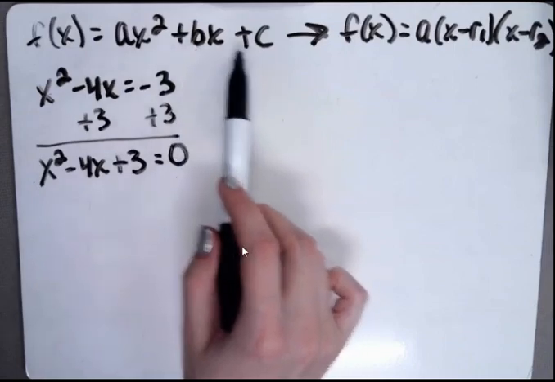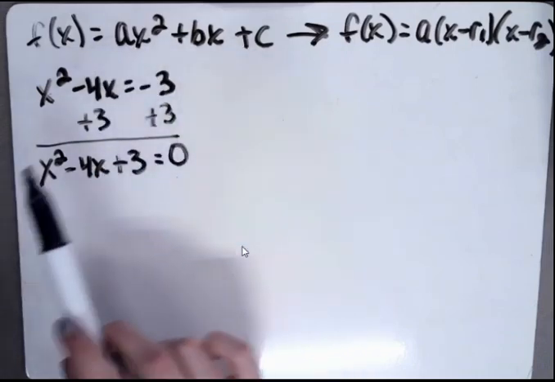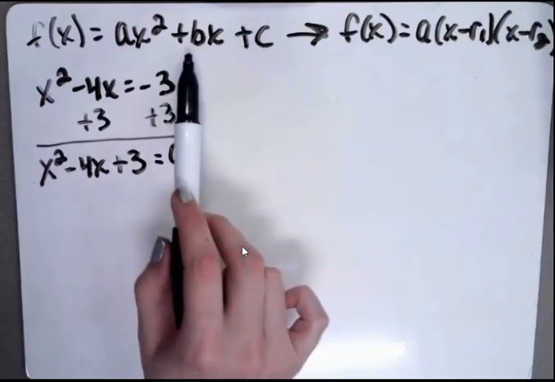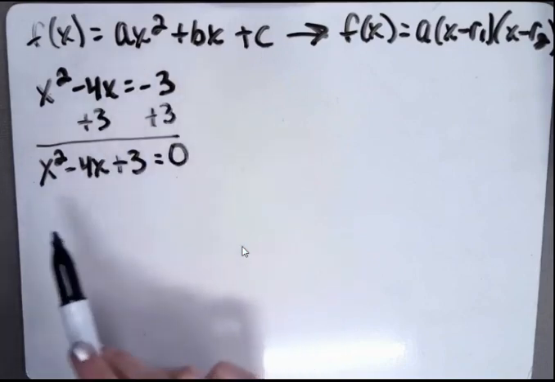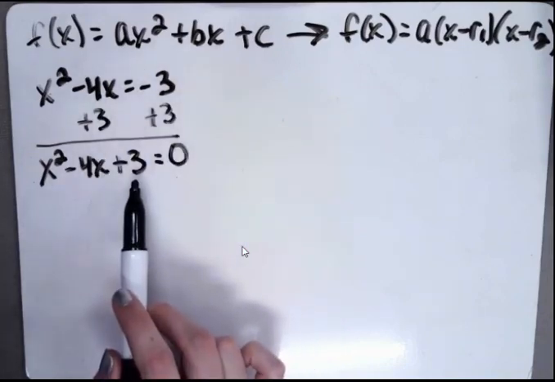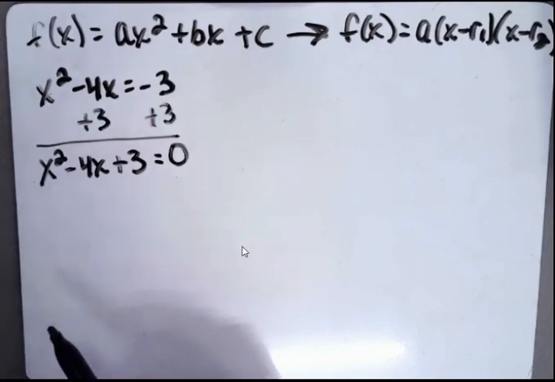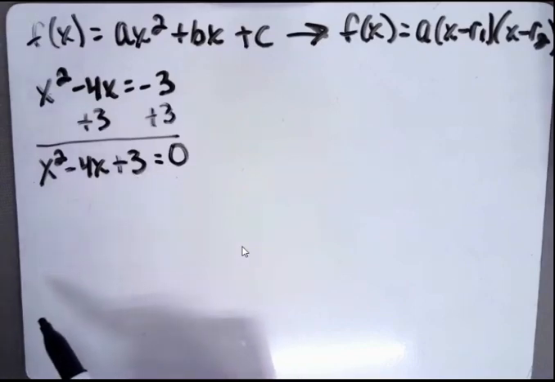So again, those b and c come from our template for general form. C is the number all the way at the end by itself, the constant, and b is the number that's next to the x. So in this equation, my c is 3 and my b is negative 4. So I need to find two numbers that multiply to 3 and add to negative 4.